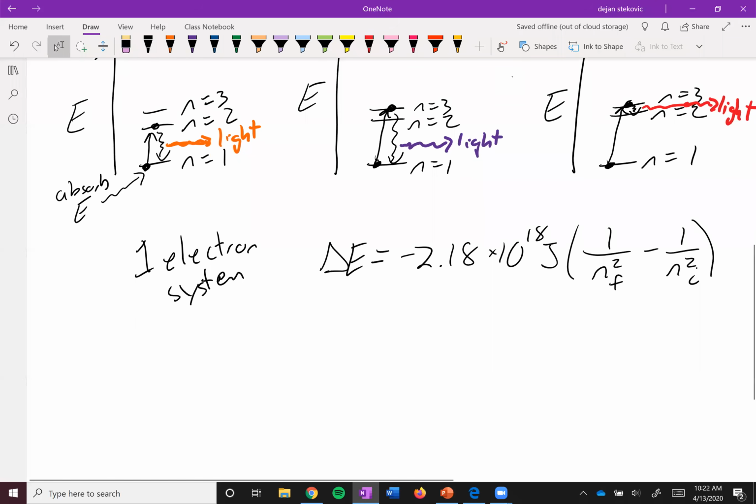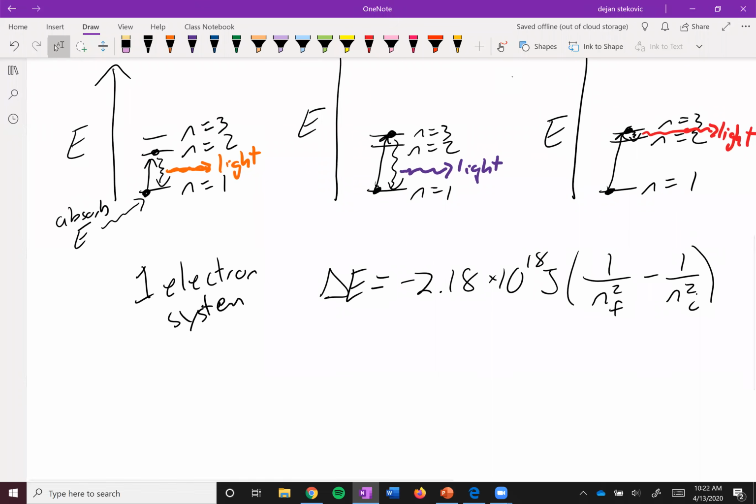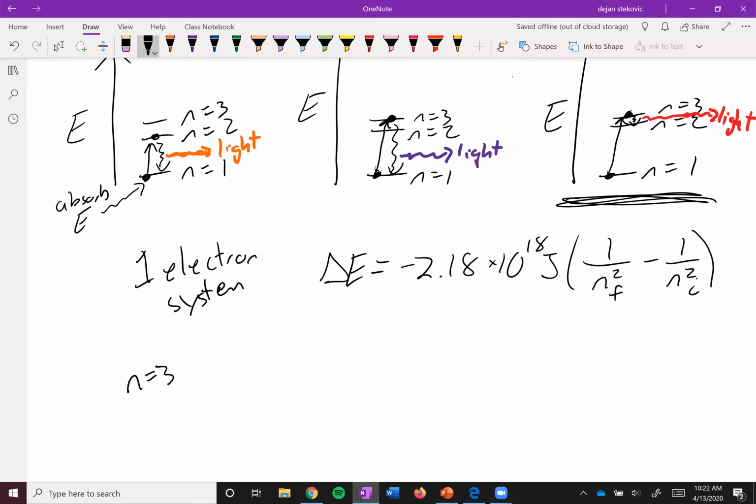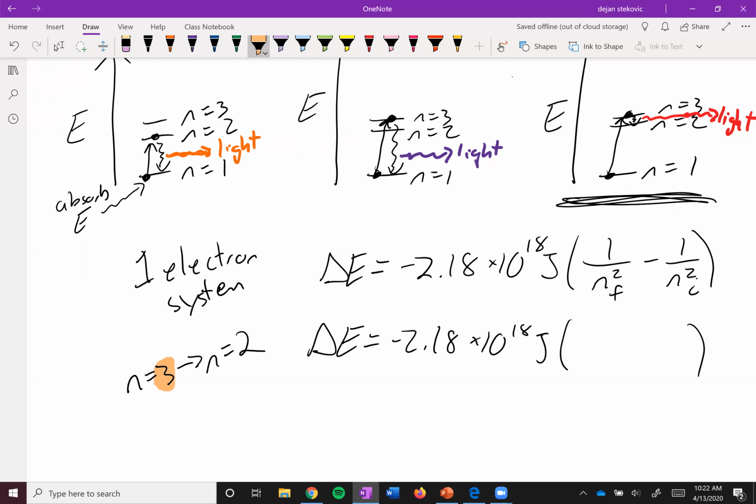And so let's take a look at an example of maybe something like this system, right? This third one. So what we're going from here is n equals 3 down to n equals 2. So let's calculate the energy of light that this would release. So delta E here, again, negative 2.18 times 10 to the negative 18 joules. That's just constant. And then if we think about our values here, our initial is 3.